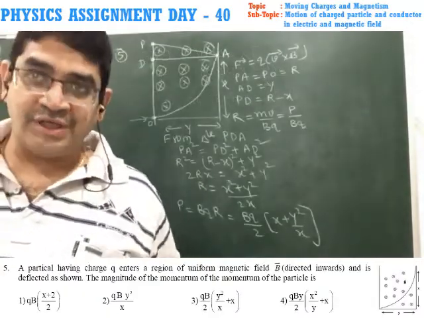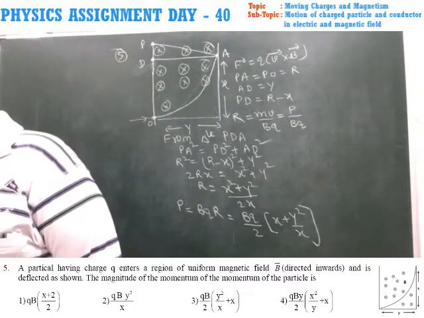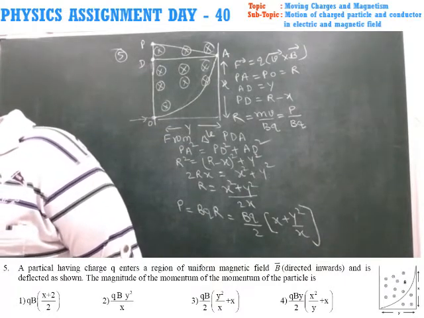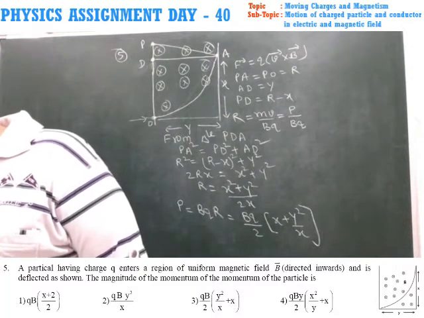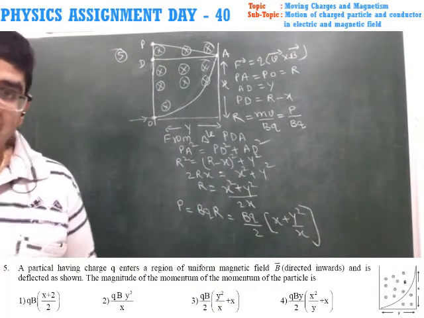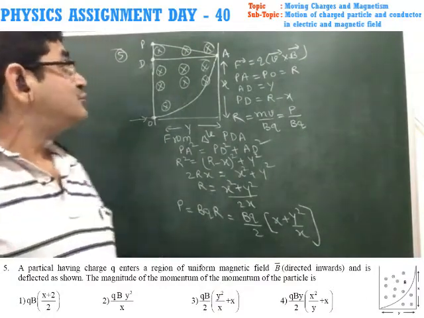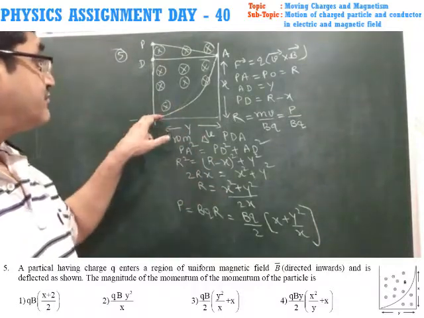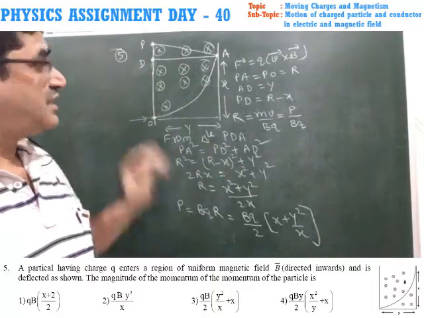So students, in the next question, a particle having a charge Q enters a region of uniform magnetic field B, and is deflected as shown in the figure. You have to calculate the linear momentum of the particle. So the field is like this.